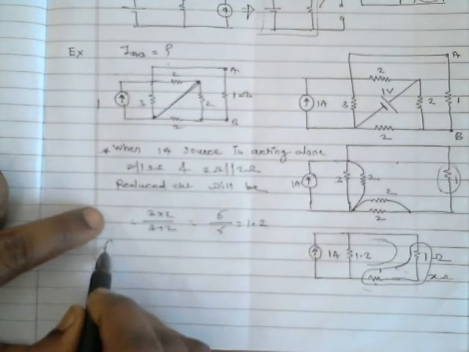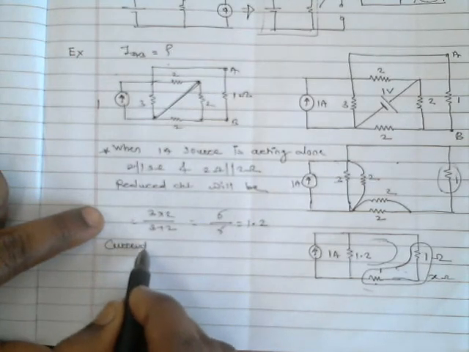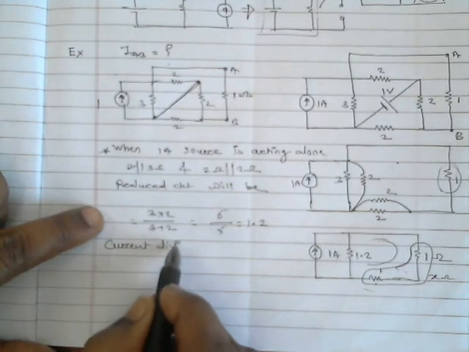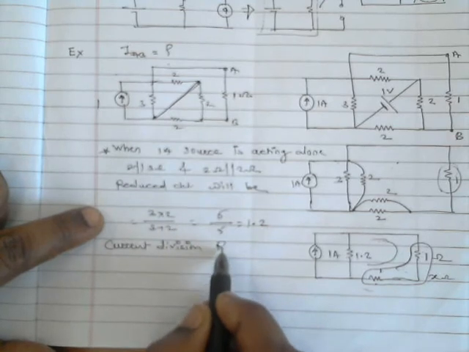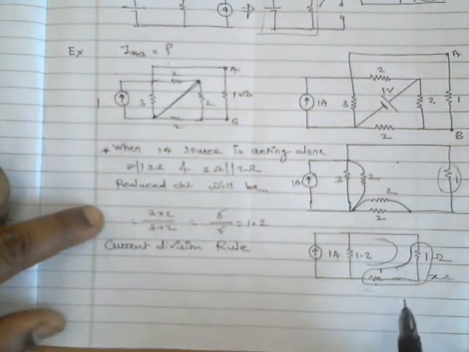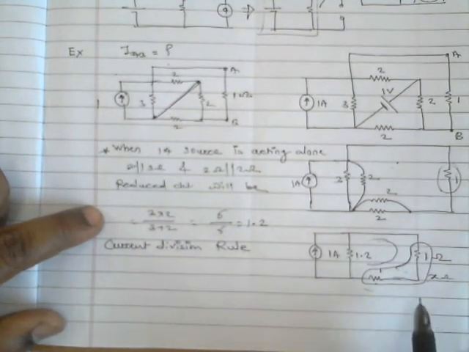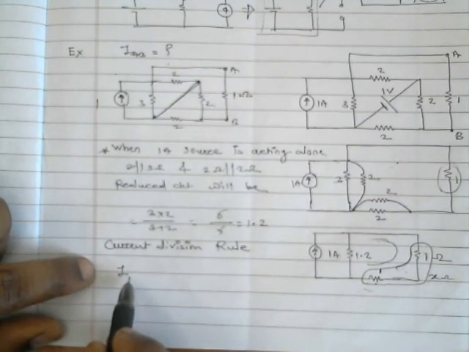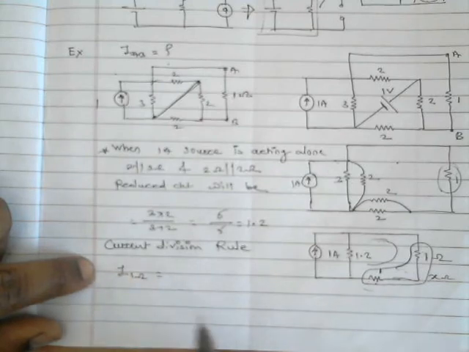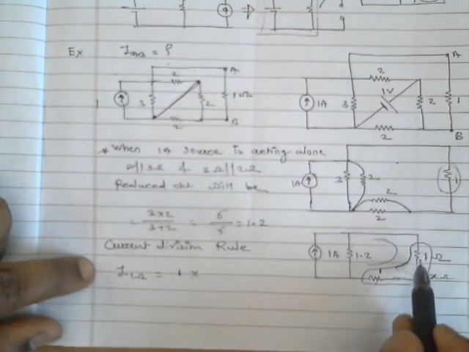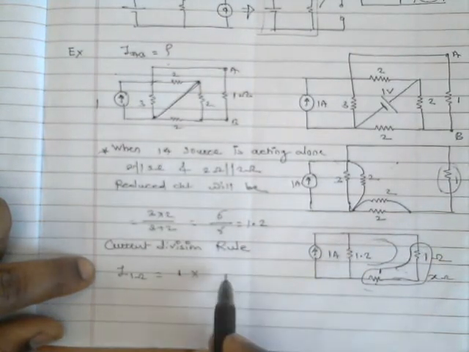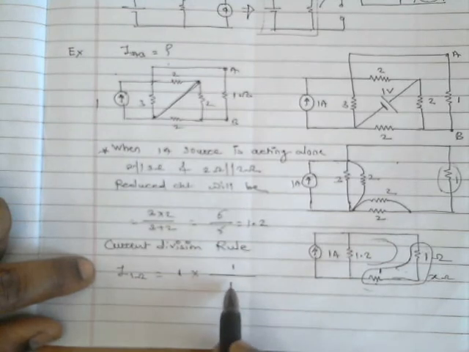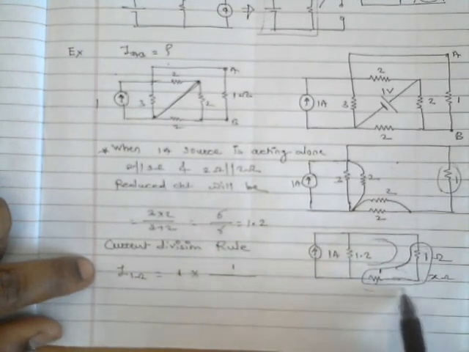So you can apply the current division rule. By the current division rule, the current through 1 ohm equals the main resistance, that is 1, into the opposite resistance, that is the resistance opposite to the one through which we are calculating current, in the numerator, divided by the addition of this plus this, the complete resistance, that is 3.